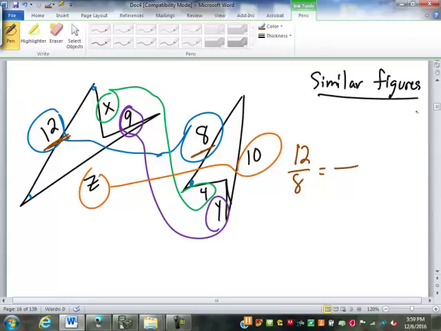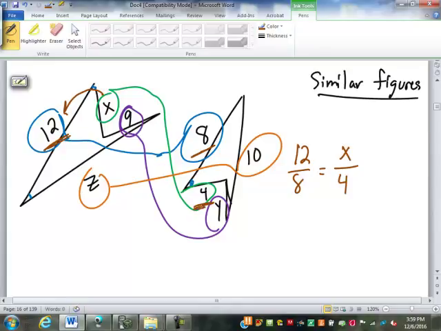Now, let's say I want to find X first. Where does X go in this other proportion? On top. How do I know it goes on top? Exactly. It comes from the same figure as the 12. What's going to go below it? 4. Why the 4?